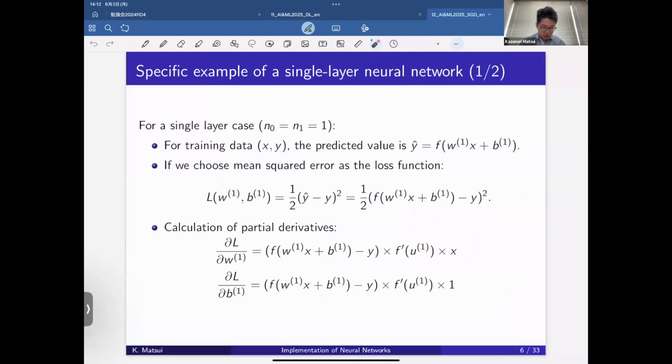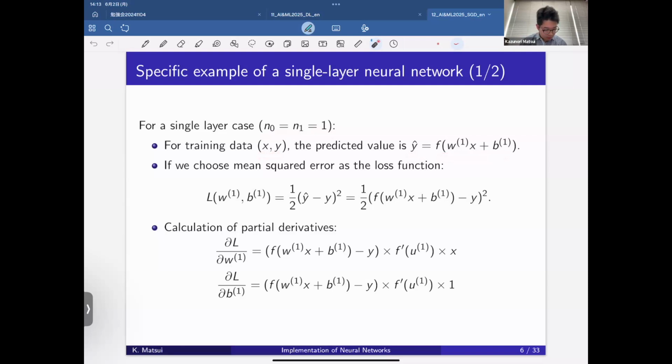Starting with general theory would be complicated, so let's try with a single layer neural network first. Let's also make the dimension of each layer 1. Let's say we have training data x and y pairs. The predicted value is y hat. Since each layer has one dimension, we can write it as a scalar.